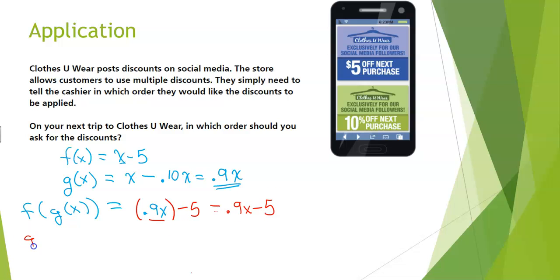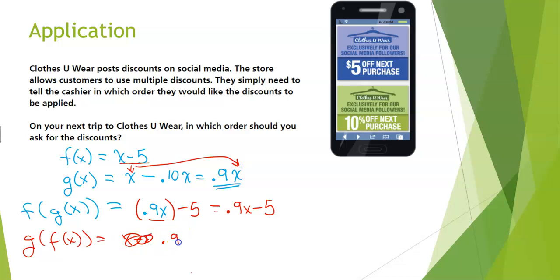Now let's try the other way. Let's try g of f of x. So now I take my f of x, which is x minus 5, this one, and I replace it for the x. So x minus 5 goes here. Oh, well, I'm going to do it over here, make my life a little easier.